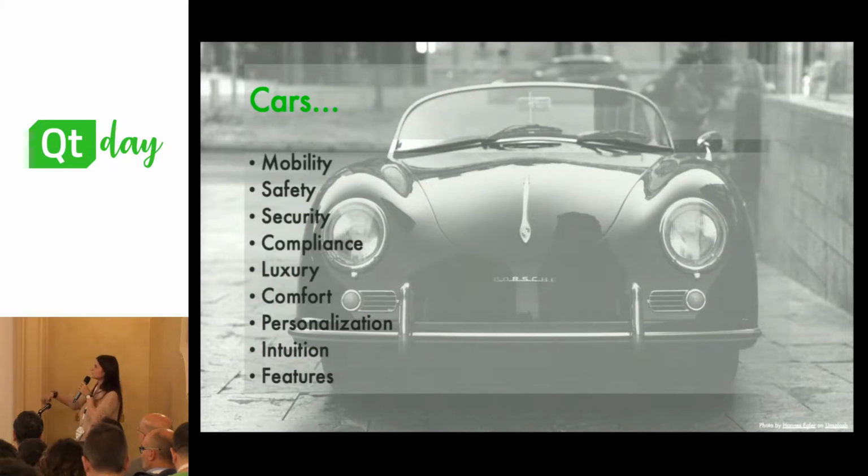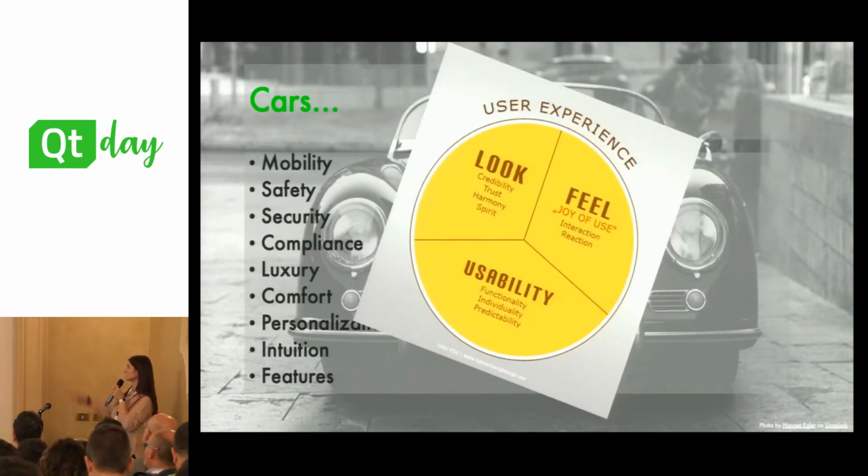So all these points fall back to user experience. So what is user experience? It has to do with the look. So it has to provide credibility, trust, harmony, and spirit to the user. So talking about safety, security, and compliance.